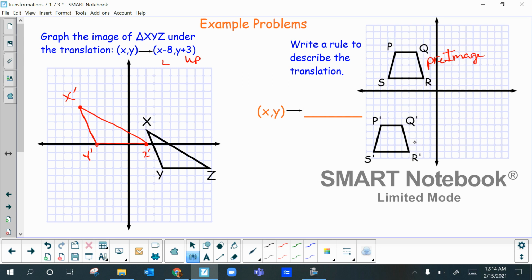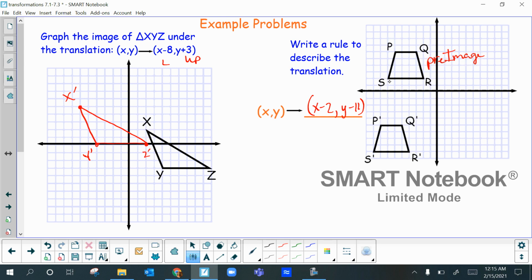So let's just count for the P. Looks like the P goes 1, 2 units left and drops down. So 2 units to the left. So I'm going to minus 2 from the x. And how many does it go down? 1, 2, 3, 4, 8, 9, 10, 11. And when we go down, that's going to be minus 11.